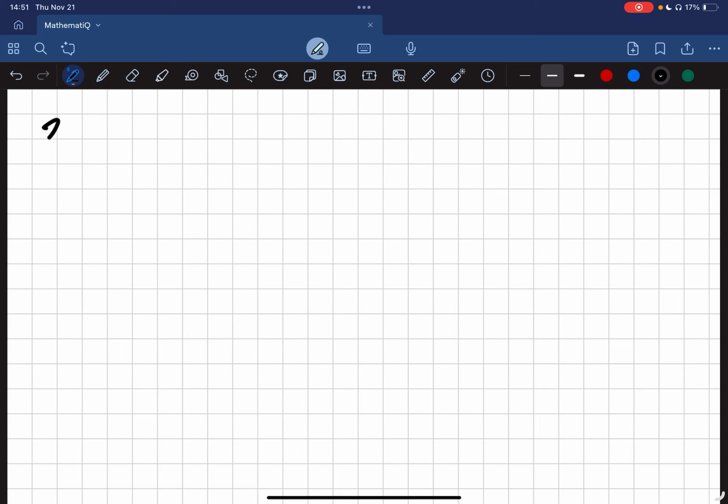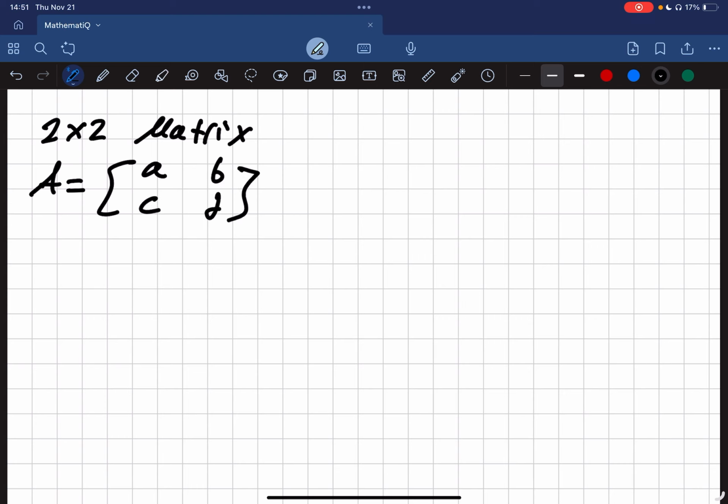So if we take a 2 by 2 matrix, call it A, and we'll call the elements in it a, b, c, d in this format. Make sure you get it in this format, like a, b, c, d. Don't mix up b and c, just do it in this order.